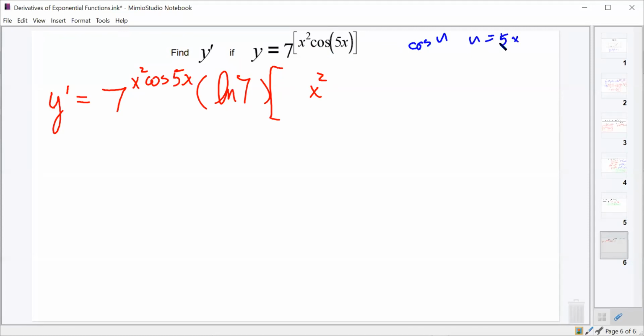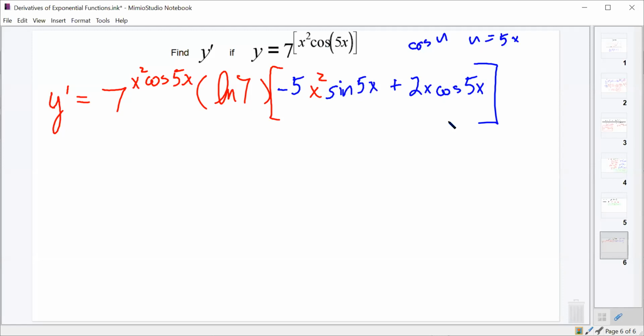So what's the derivative of cosine u? That should be negative sine of u. And then the derivative of u should just be a 5. And then plus derivative of x squared, which is 2x, and then times the cosine 5x. Everybody good with that as the derivative?